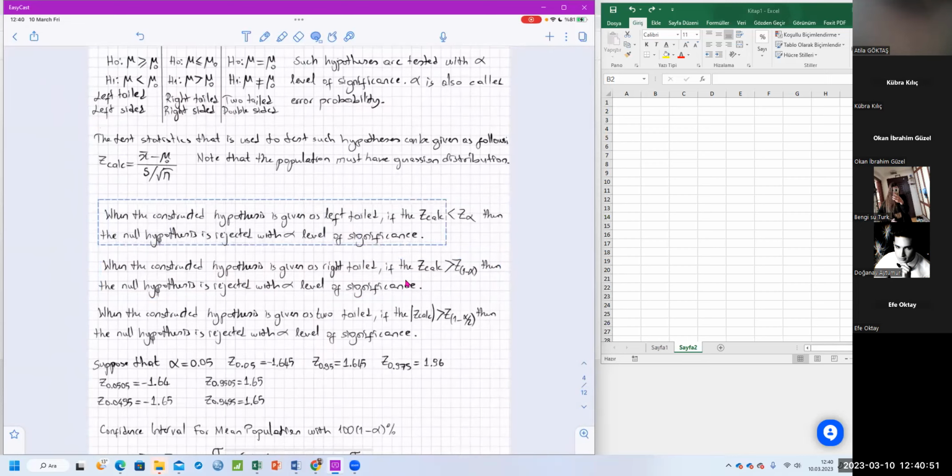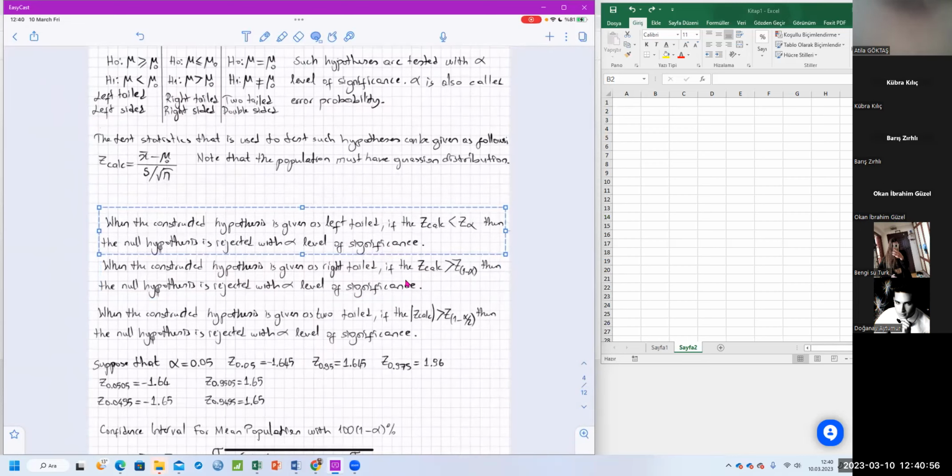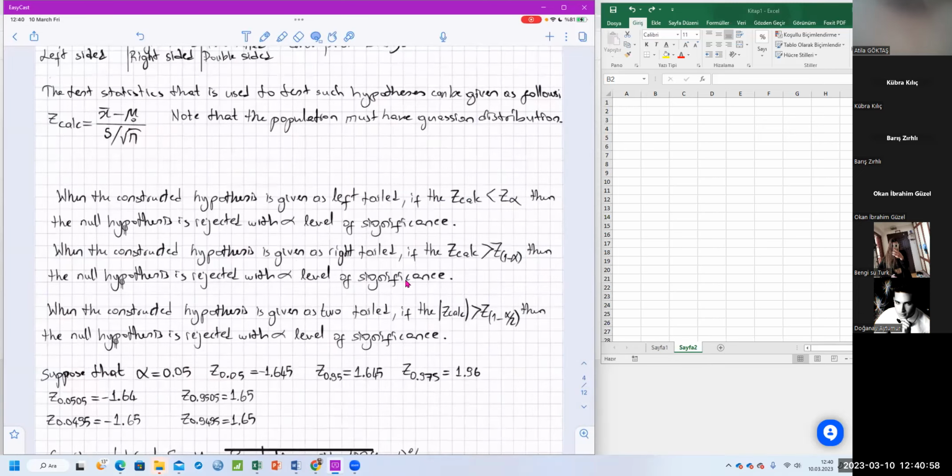I'll shift this down a little bit to use the space for the calculation of the sample standard deviation. Remember, the sample standard deviation was S equals the square root of 1 divided by n minus 1 times the summation of xi minus x bar squared.